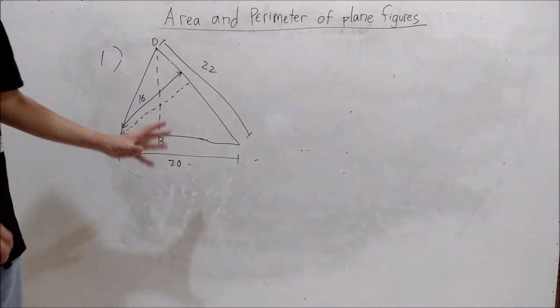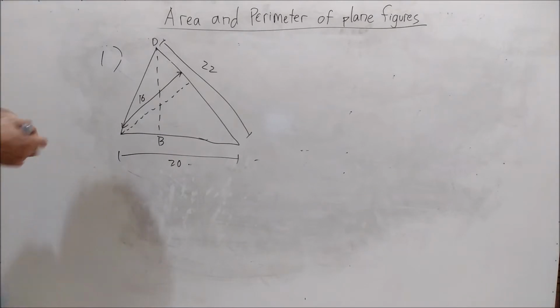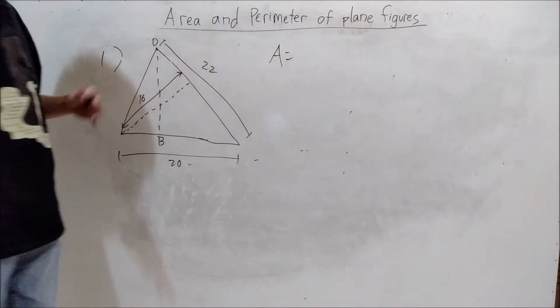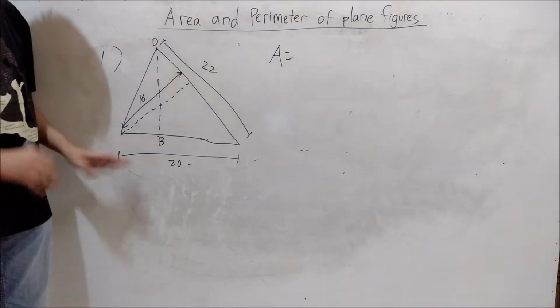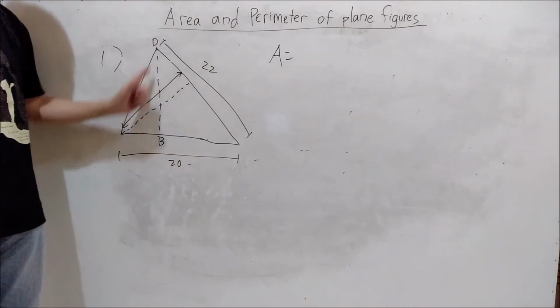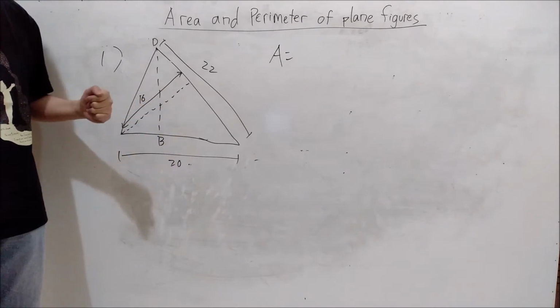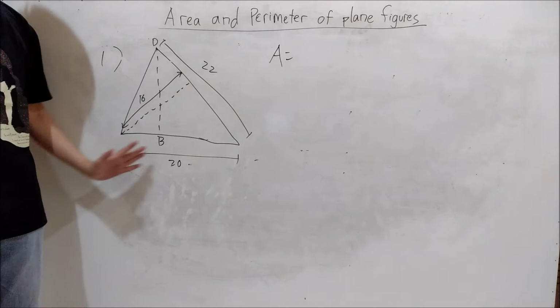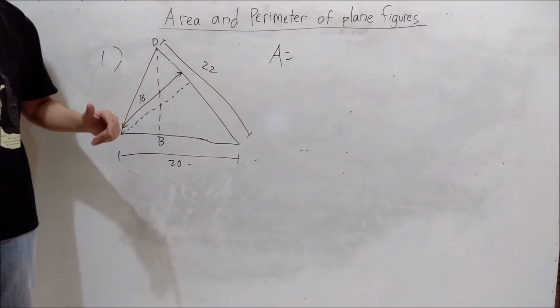We will use area to help us. We know that the area of this triangle, you had a base of 20, but you don't have the height, right? Which is actually the thing that we are going to find out. So instead of using this base and height, we will use another base and height.